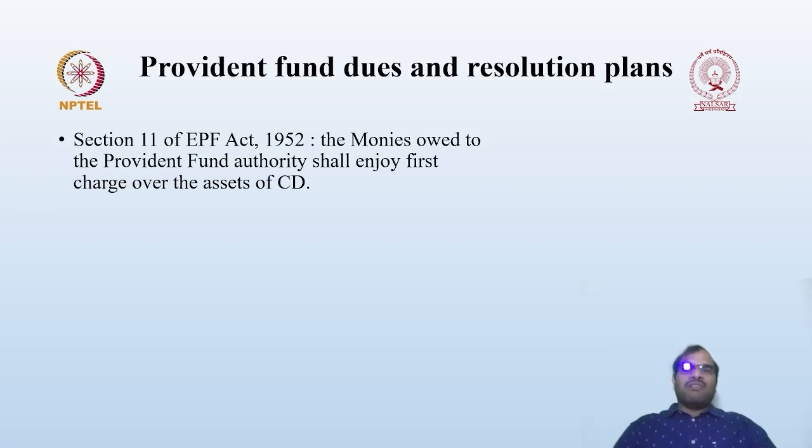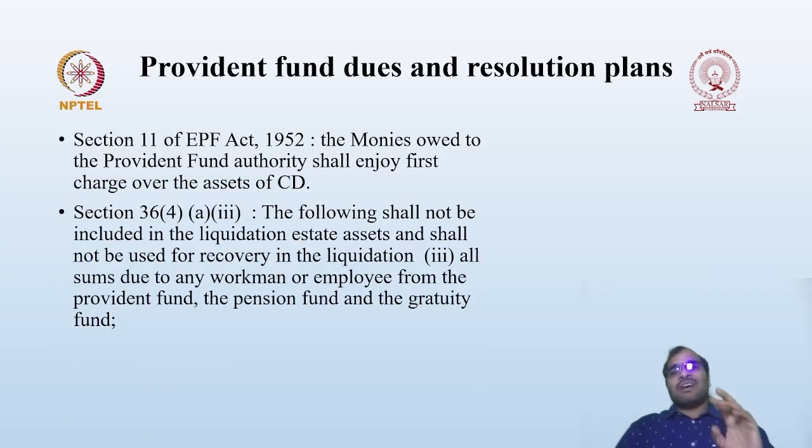So in case of liquidation, the money owed to the provident fund authority shall enjoy the first charge. So you are supposed to give priority to the provident fund. Not only under section 11 of the EPF Act, even if you observe section 36 of the IBC, section 36 subsection 1 clause (a) sub-clause 3, clearly provides that the following shall not be included in the liquidation estate.